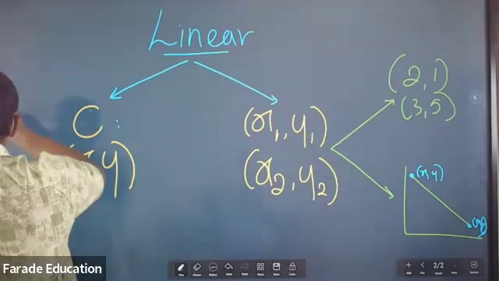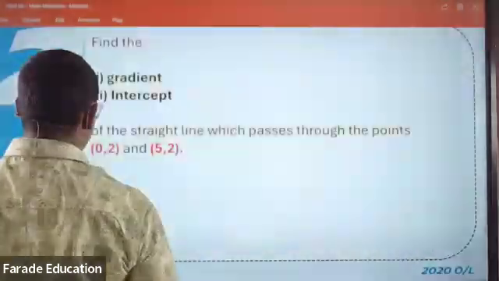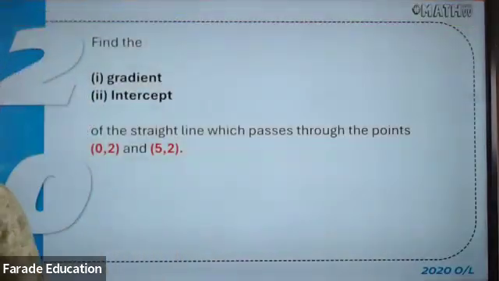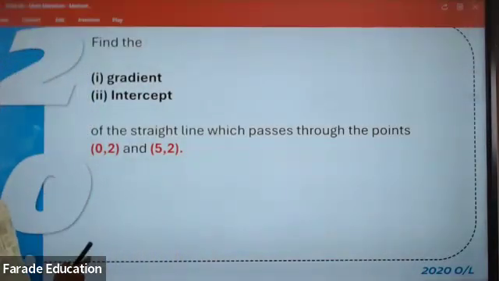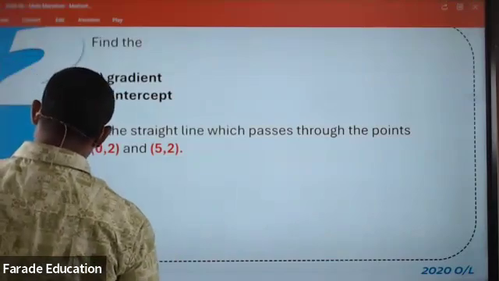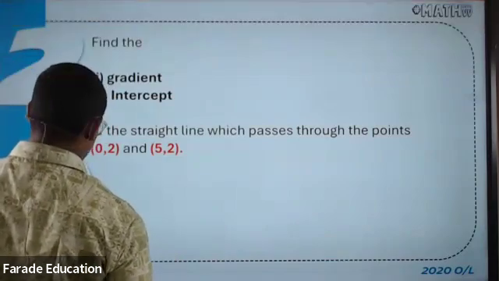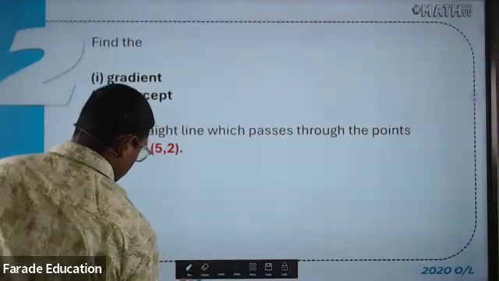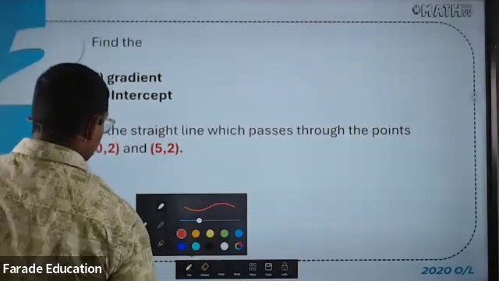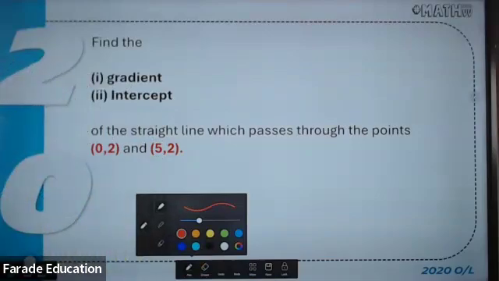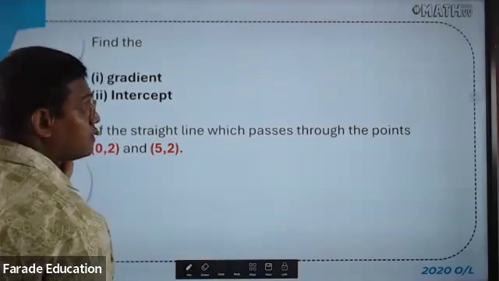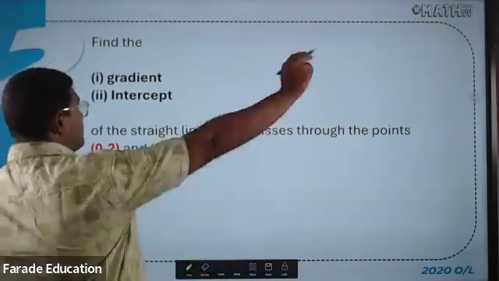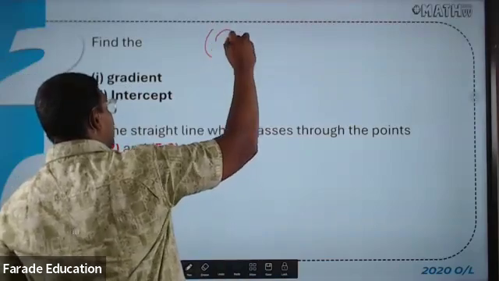Okay. So now we'll check the question we have for today. So here, the question is to find the gradient and the intercept. I have 2 points. Whenever you get 2 points, the first thing you need to do is name the 2 points.